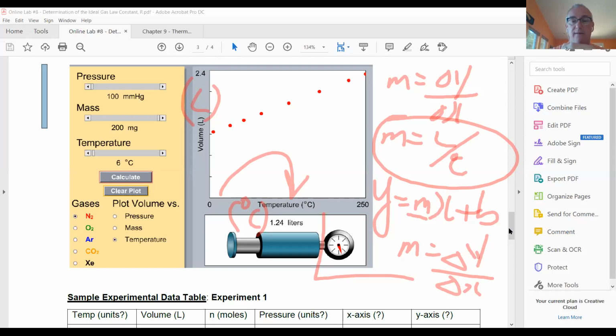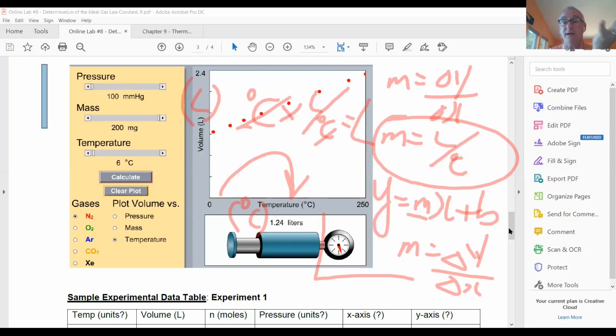So I'll take my temperature, and I'll multiply it by the slope, which is liters per degree C. And when I do that, my degrees C will cancel out and I'll get liters.